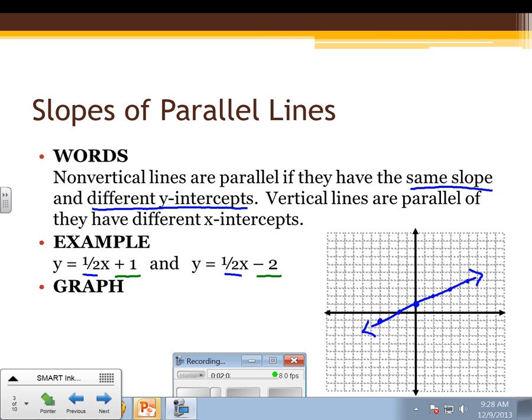The other line I will graph with a green marker, where the y-intercept is at -2 and the slope is 1/2, so rise 1, run 2. And you can see here, same slope, different y-intercepts, they are parallel.